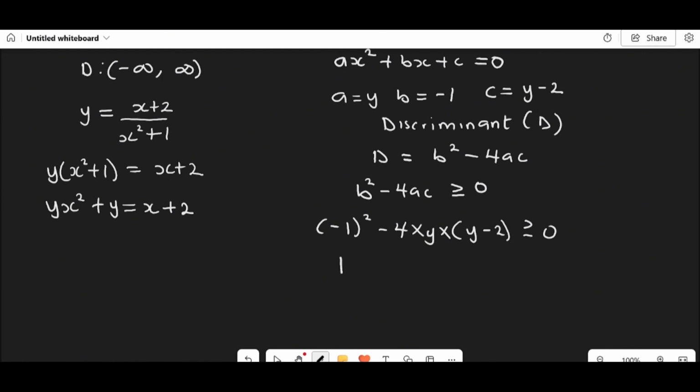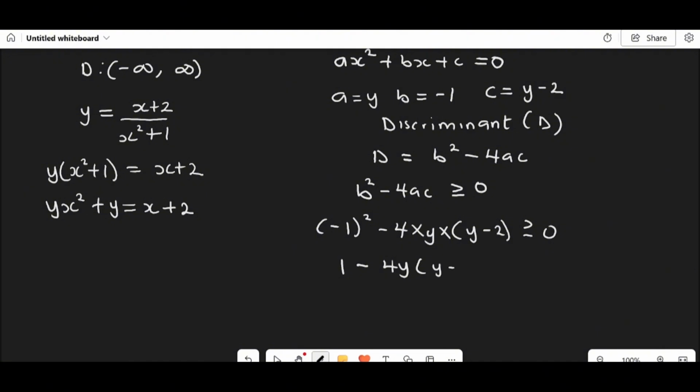This gives us 1 minus 4y(y minus 2) is greater than or equal to 0.